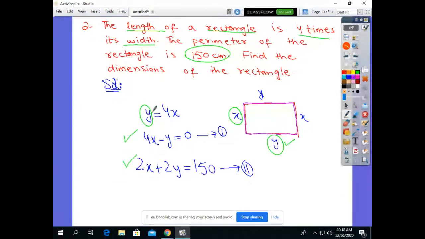Y is equal to 4 times, times means multiply, its width. Width is x. Y is equal to 4x. After simplifying it, y moves to the right-hand side, it becomes 4x minus y is equal to 0. Here we call x width and y length. Is it clear to you?